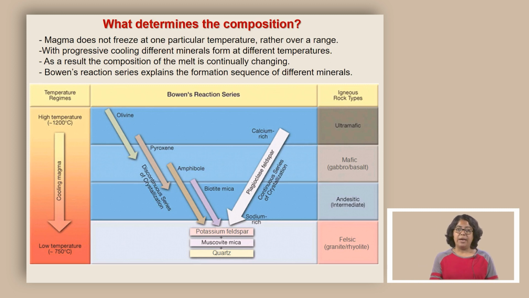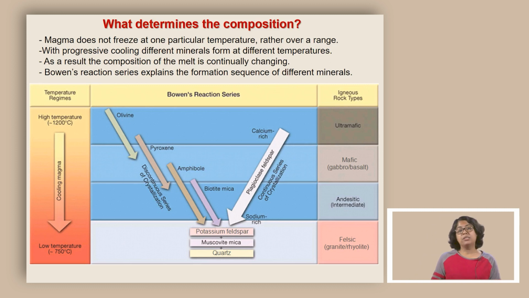On the left hand side we have the temperature regimes: high temperature at the top and low temperature at the bottom. In the right hand panel, there are different rock types: ultramafic, mafic, andesitic and felsic. This andesitic is the same as intermediate composition.